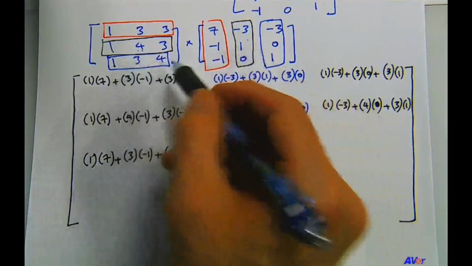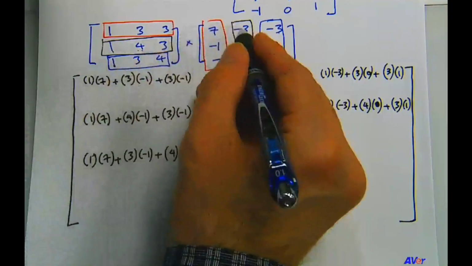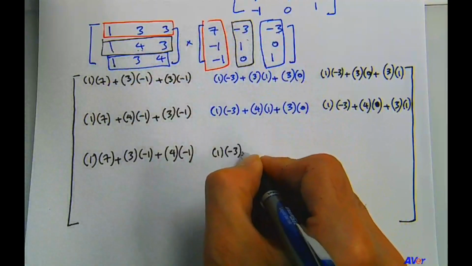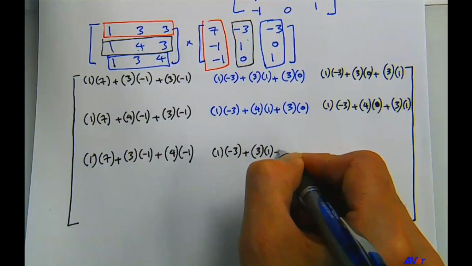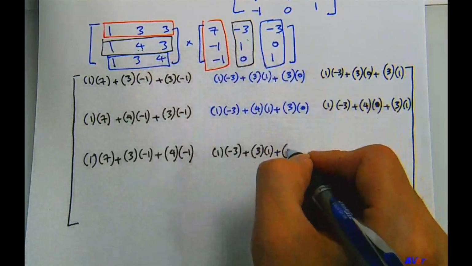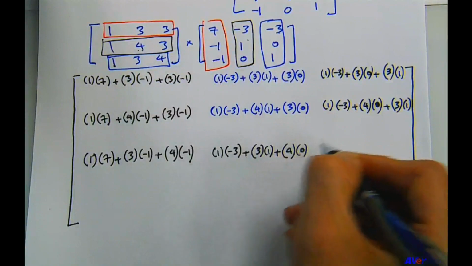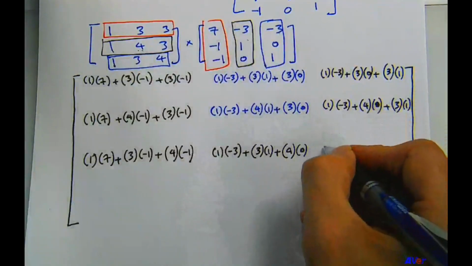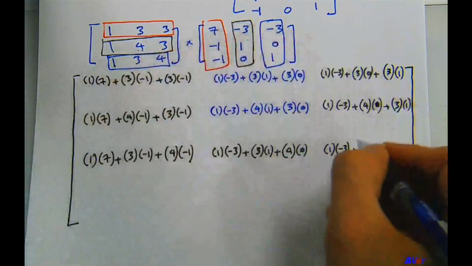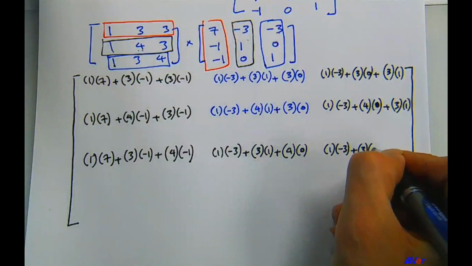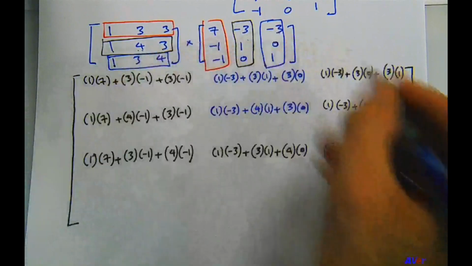Then the second column, so 1 times negative 3, 3 times 1, plus 4 times 0. 1 times negative 3, plus 3 times 0, plus 4 times 1.